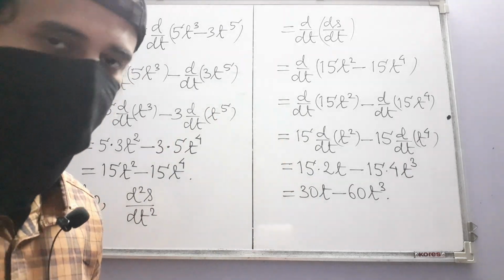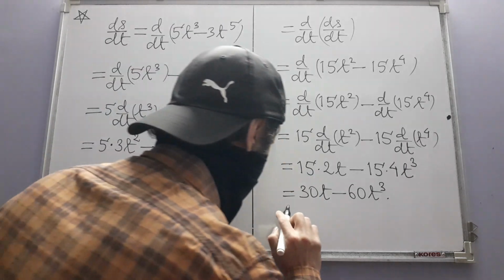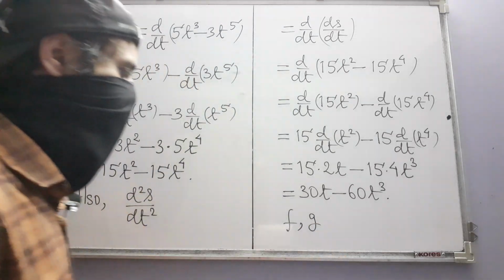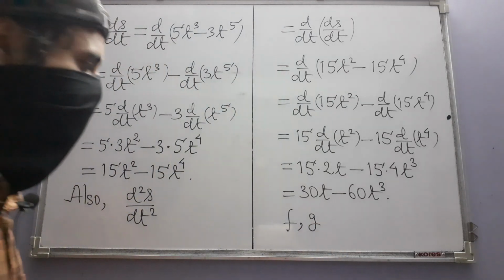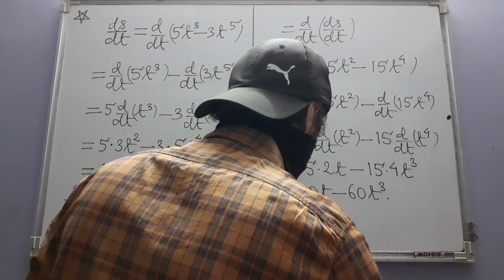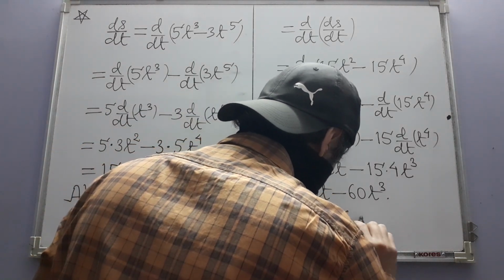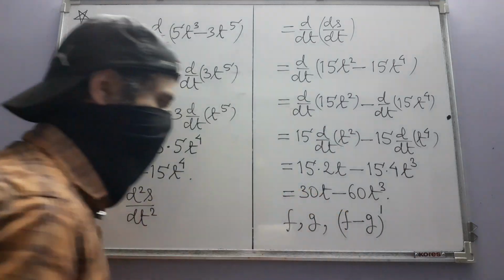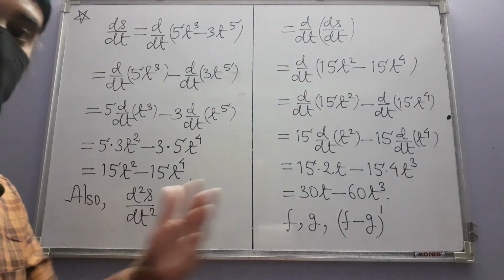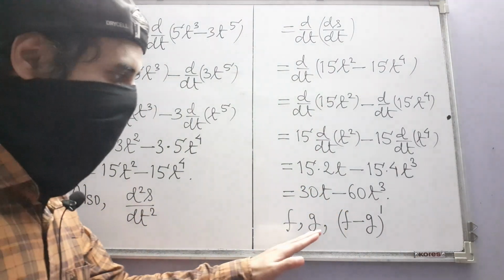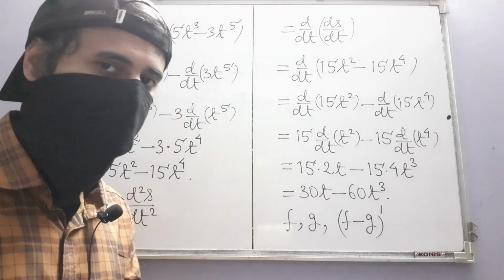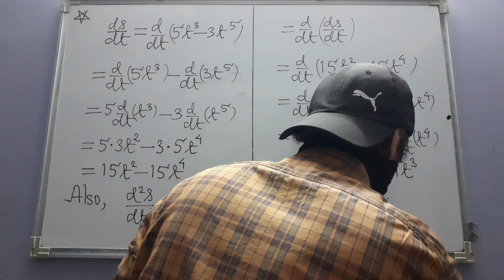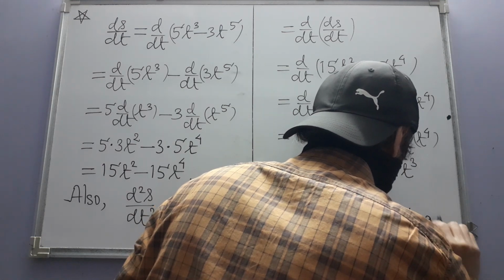Take, for example, the difference rule. It says that when you have two differentiable functions f and g, then their difference is also differentiable. If I use the prime notation, this is the derivative of f minus g. The theorem says that it exists, and additionally it is the derivative of f minus the derivative of g.